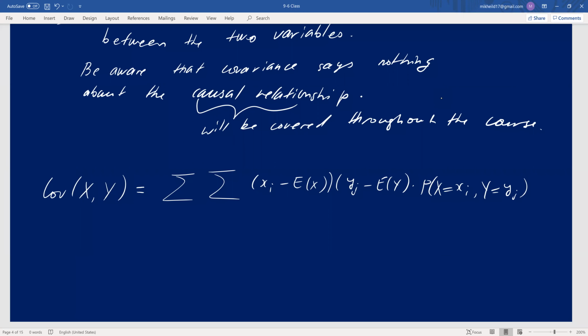And you sum over all xi's, so i changes from 1 to n of X, that's the last X, and j changes from 1 to n of Y, the last Y.